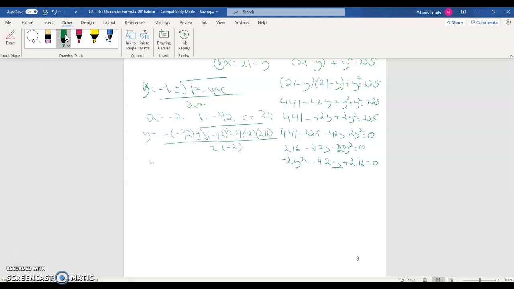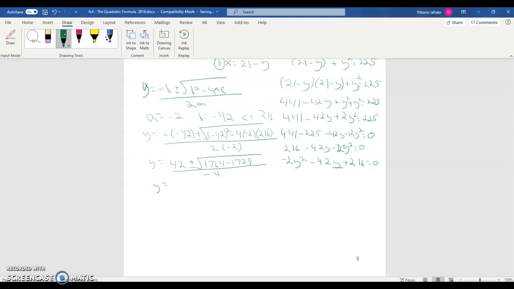And then we can clean that up a bit, and we get y is equal to 42, because -42 times -1 is 42, plus or minus root of 1764 minus 1728, all over -4.